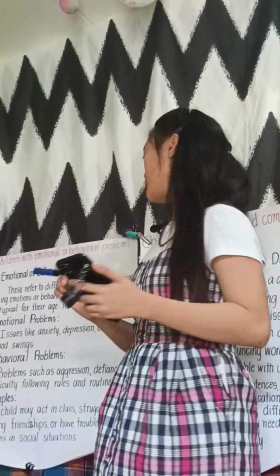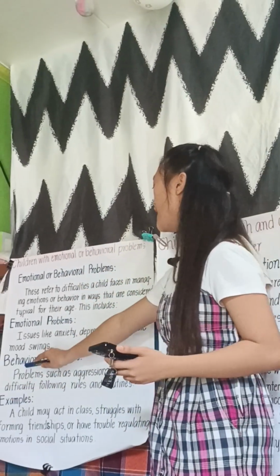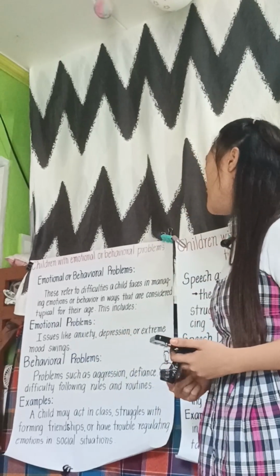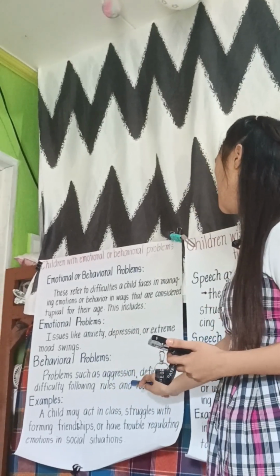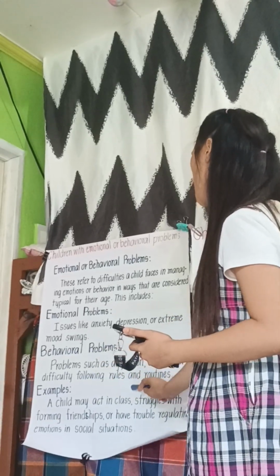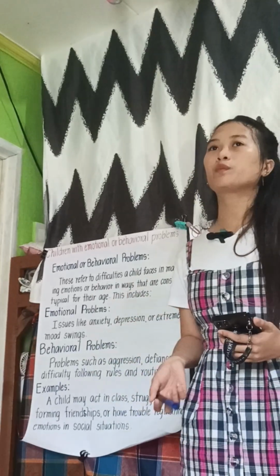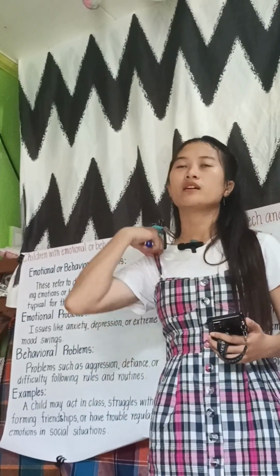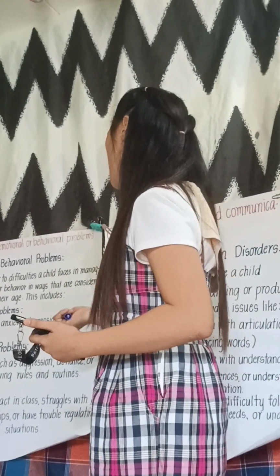So, next, we have behavioral problems. Problems such as aggression, defiance, and difficulty following rules and routines. So, behavioral problems are about our behavior. For example, we become aggressive and get angry at our parents, even though it is for our own rights, our own health.